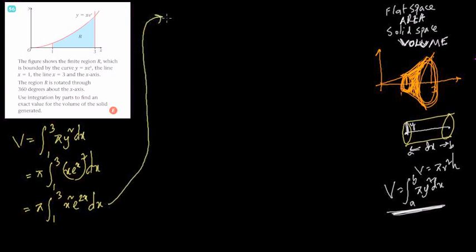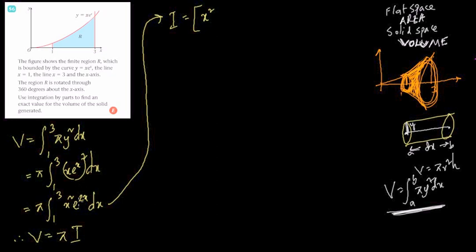First of all, let's take volume equals pi I. Let's take this integral as I, because it's easier to write it as I. So I equals uv. So we know what u is. u is x squared. So this is u.